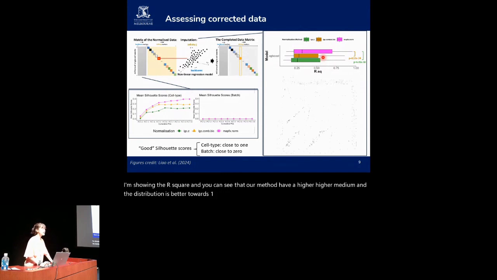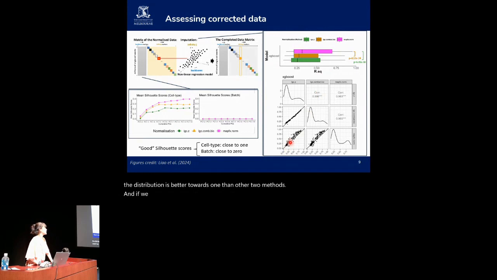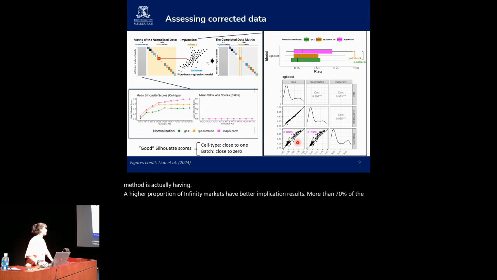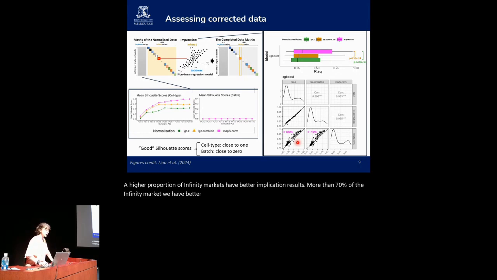And if we check the infinity markers one by one, you can see that our method has a higher proportion of infinity markers with better imputation results. For more than 70% of the infinity markers, we have better accuracy in terms of imputation.